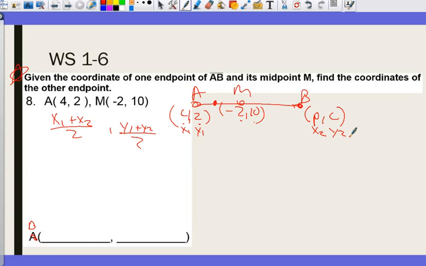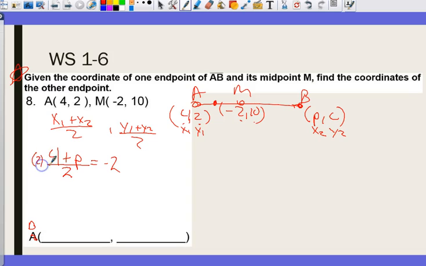Okay? Now we can plug into the formula. x1 is 4 plus our unknown variable p divided by 2 is equal to, what is the x component of our midpoint? X component of our midpoint is -2. Now you need to solve for p. We have this 2 on the bottom. Do we like this 2 being on the bottom? Absolutely not.